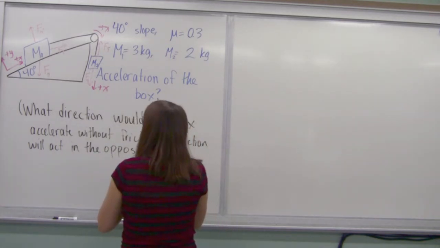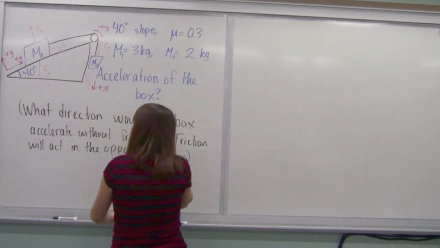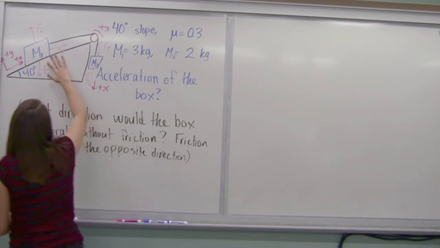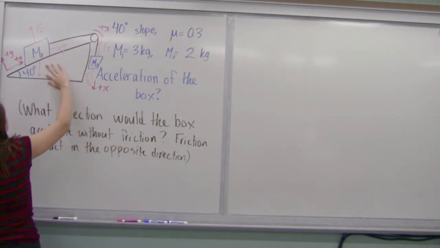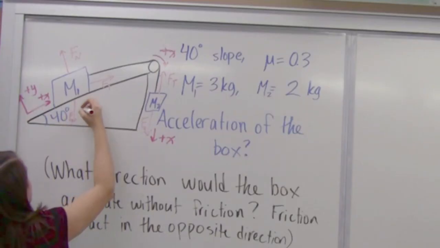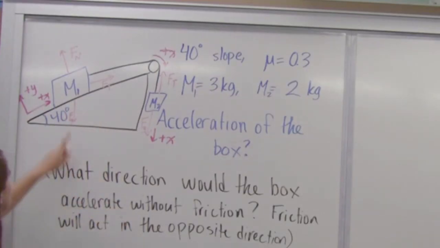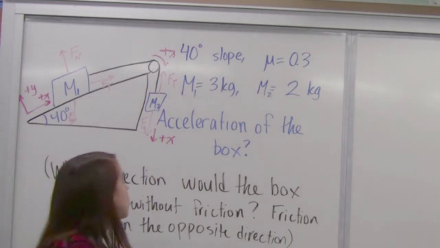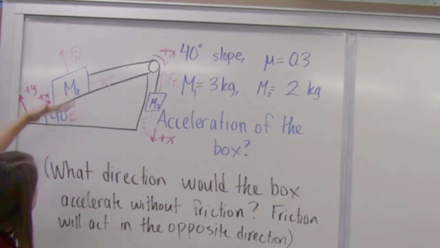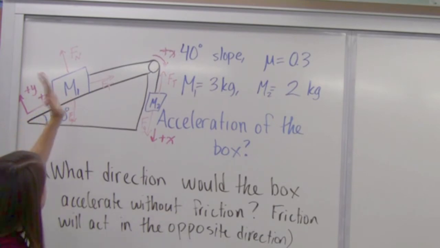Alright, so let's go on to the next step, which is to find components of our forces. I'm going to move this label over here. And I'm going to find the x and y components of the force of gravity in the directions that I've chosen. So I chose an x direction which goes this way and a y direction which goes this way.